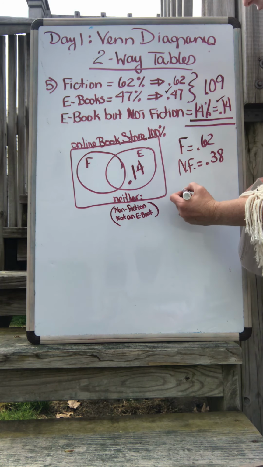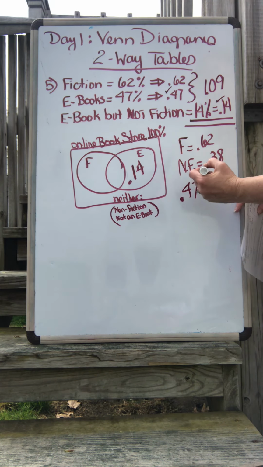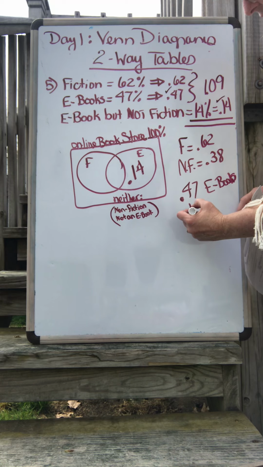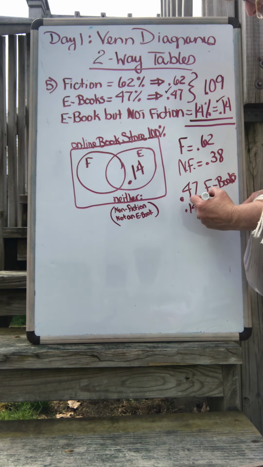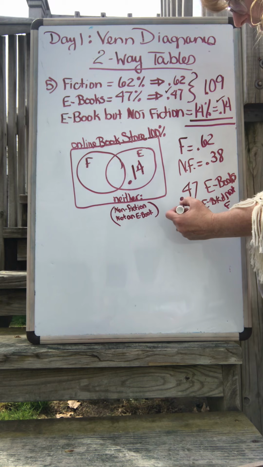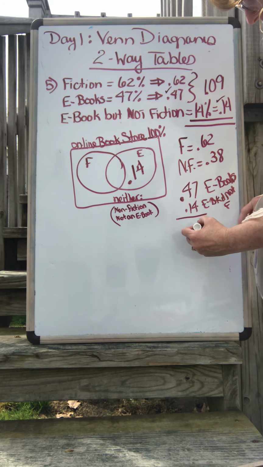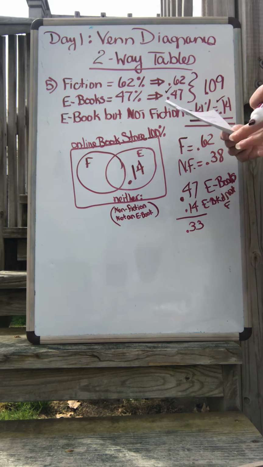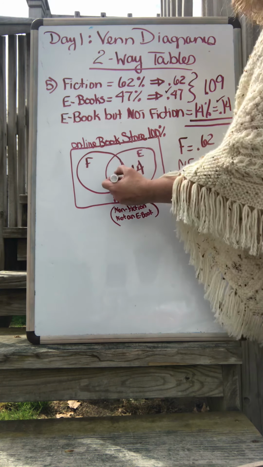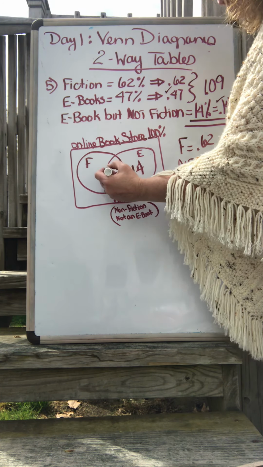If I now take 47%, which are ebooks, this is my total ebooks, and my 14%, which are ebook and not fiction, that leaves me with 33% of my books are ebooks and works of fiction. So this is my overlap.